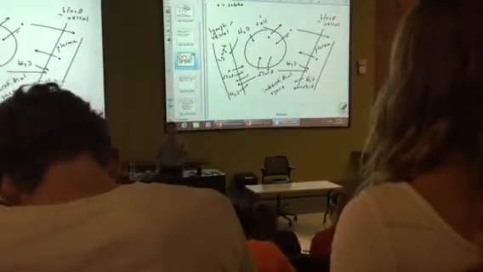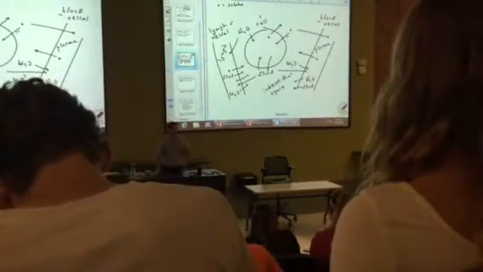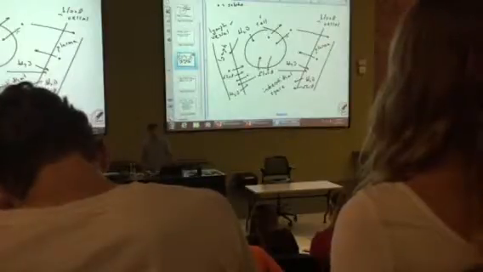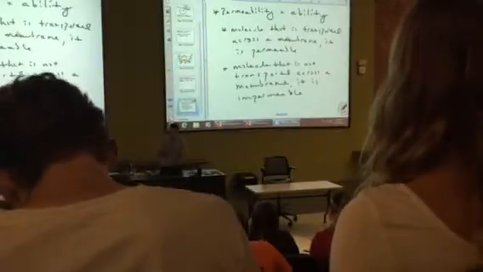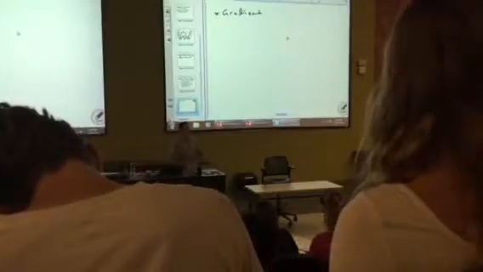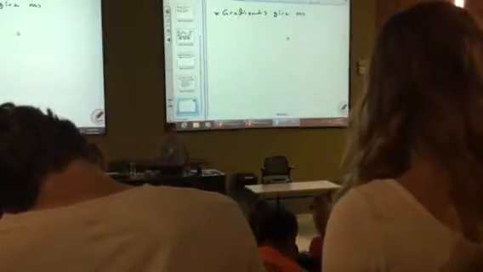Again, passive. I didn't say active, I said passive. What gives these molecules a reason to move? What's going to give them a reason to move is gradients. So gradients, and this is in your notes, I think I have it in quotes, a reason to move. Gradients give molecules not the ability to move, that's permeability.